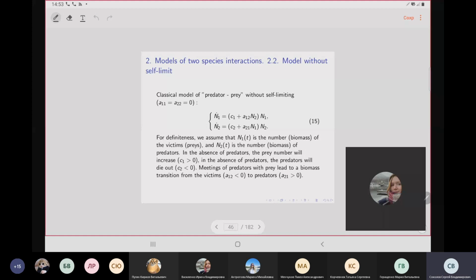So what about the predator-prey model? We start from the simplest one. We have no self-limiting, so A11 and A22 are 0. And we assume that the first population are victims, or prey, and the second are predators.